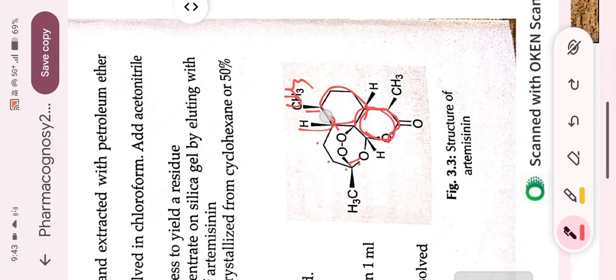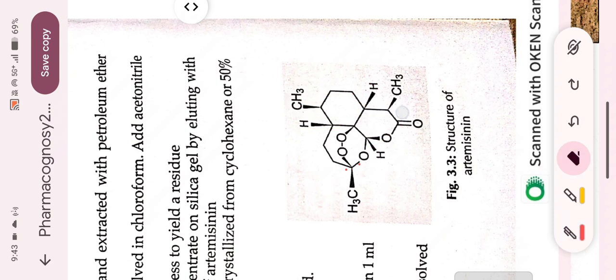If you want, you have to mention hydrogens, because in the case of benzene we used to not mention them, because it's understood that the valency is satisfied by hydrogens, but here we need to write. So there are 3 hydrogens over here, so we'll write the hydrogens like that.